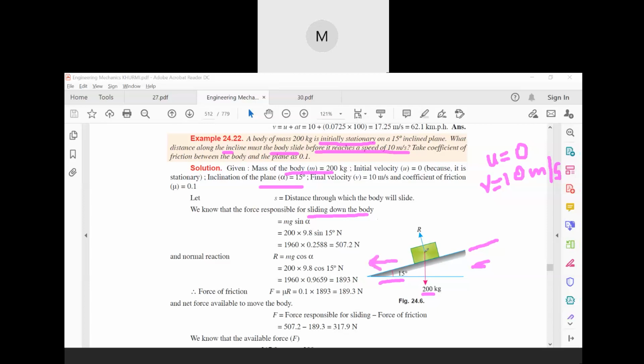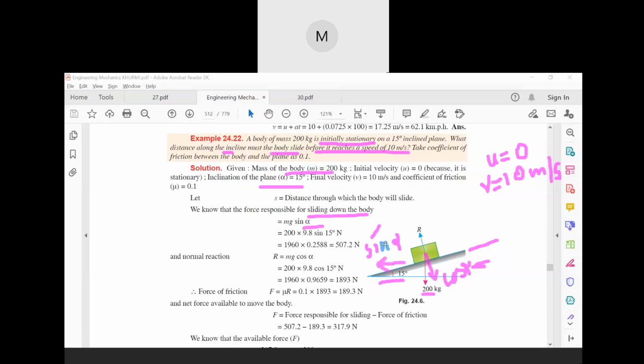Now what happens? This one is the cos alpha component, and here it will be the sin alpha. Now if the body is sliding down, then you can say that we are having the sin alpha component because of this component.